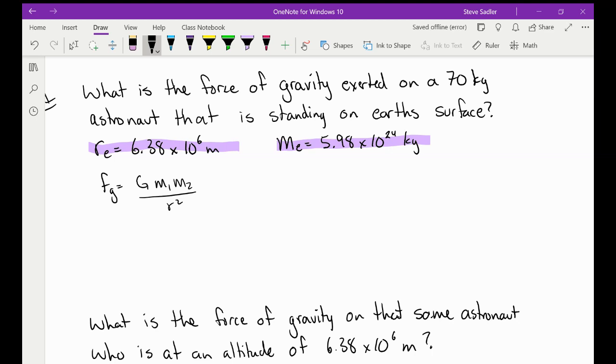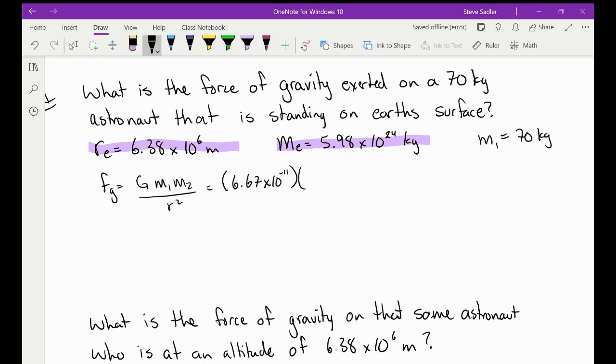So in this case, we have r, we have m2. We can also say that the mass of the astronaut, we'll make that m1, is 70 kilograms. And we have G, that's the universal gravitational constant. So let's plug everything in. Big G is 6.67 times 10 to the negative 11.